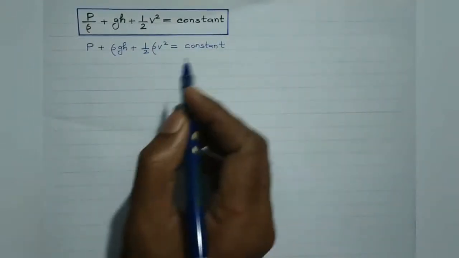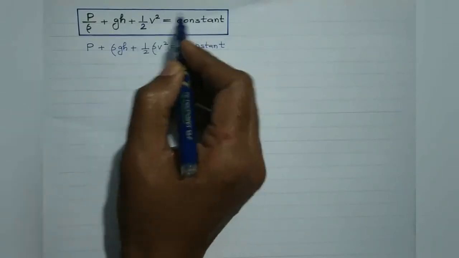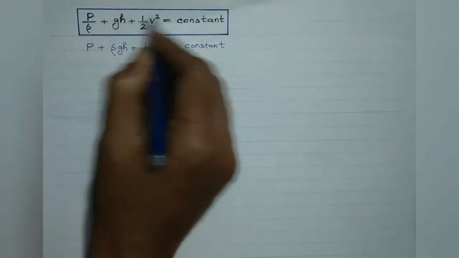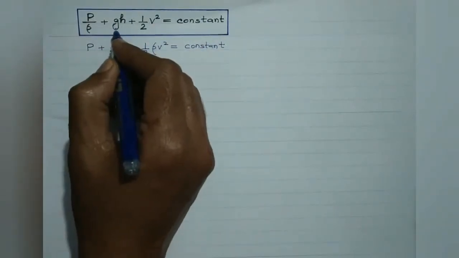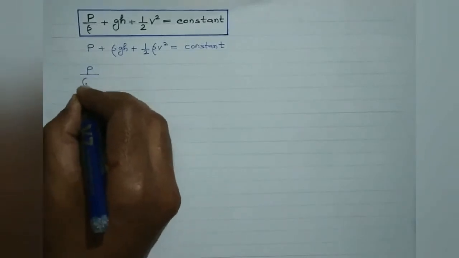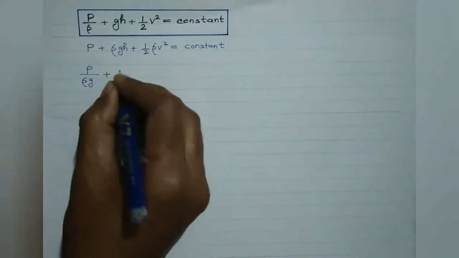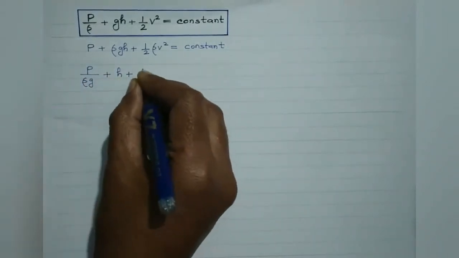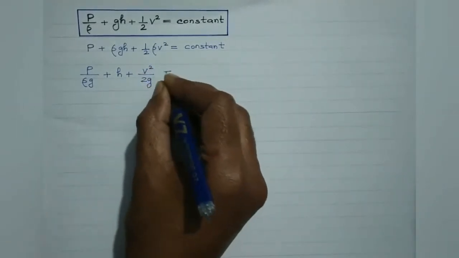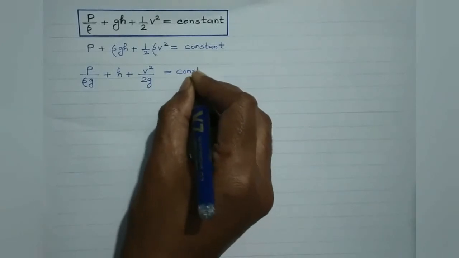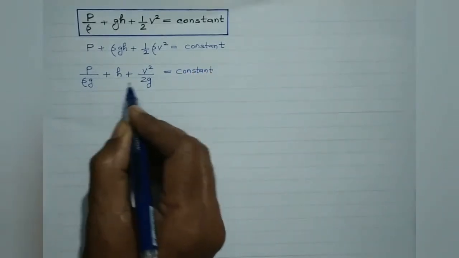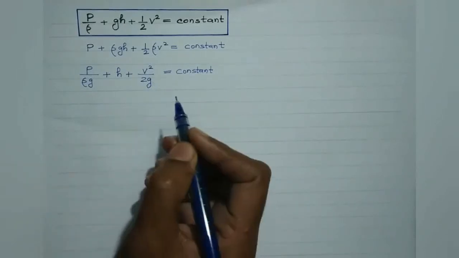Again, dividing both the sides of this equation by small g, which is acceleration due to gravity, what we get is P by rho g plus h plus v square by 2g is equal to constant, right? So in this equation, each term has got the dimensions of length.